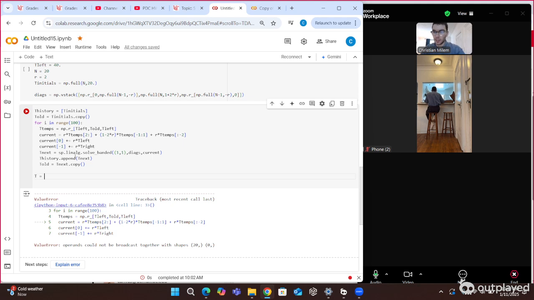Right, so then t equals np.array. Should it be dot full t history? No. T left t history, and then np.vstack t history, dot full t right t history.